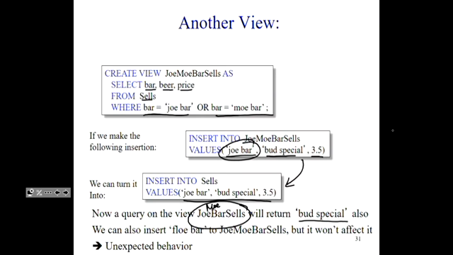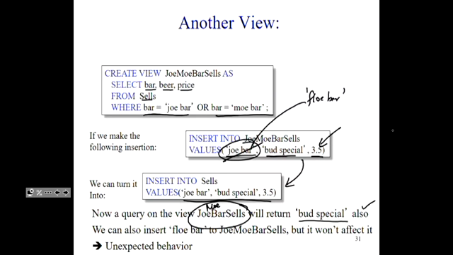So this is good behavior, but we can insert into Joe Mo bar cells a different bar. Let's say instead of Joe bar or Mo bar, I have a flow bar, and that tuple will get pushed into the cells relation, but it will not be part of the view. Does it make sense?